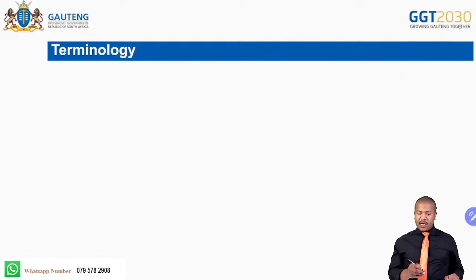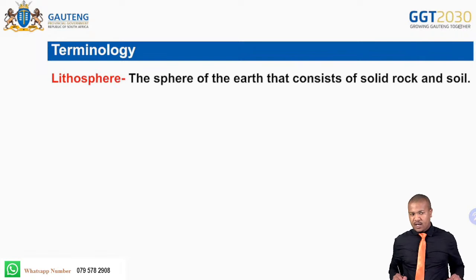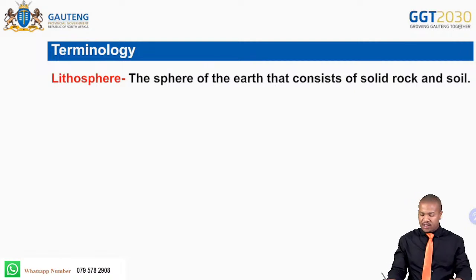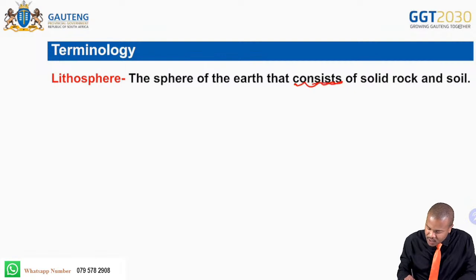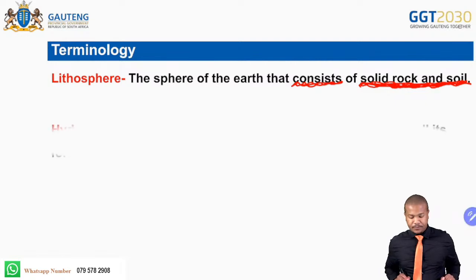Then we have lithosphere. The lithosphere is the sphere of the earth that consists of solid rock and soil. It is also a sphere of the earth that we're going to talk about today.